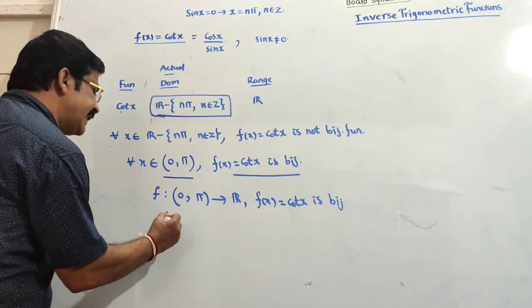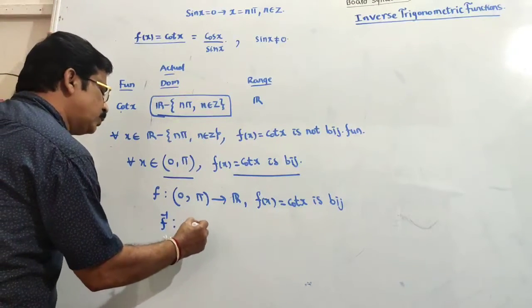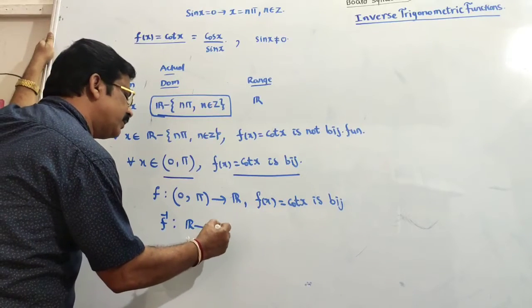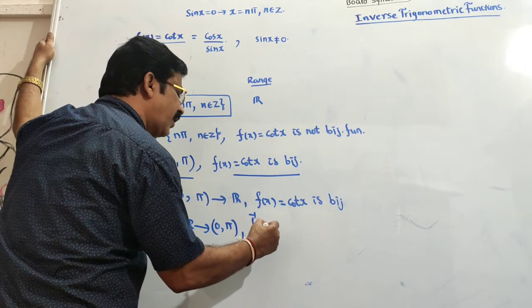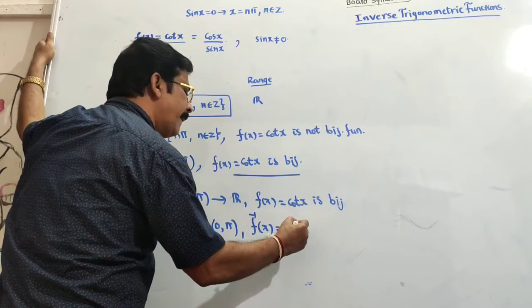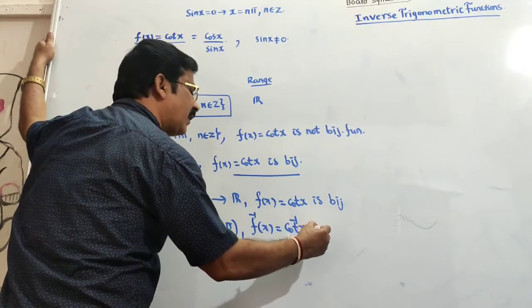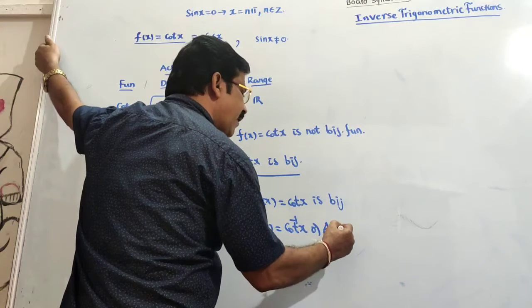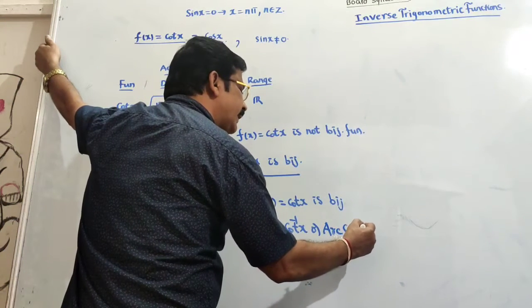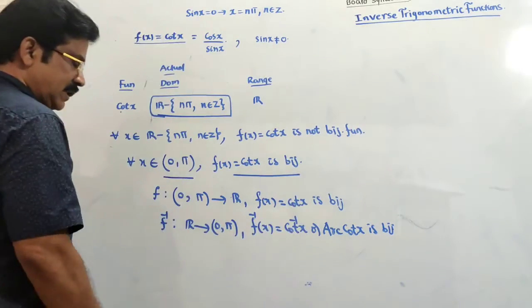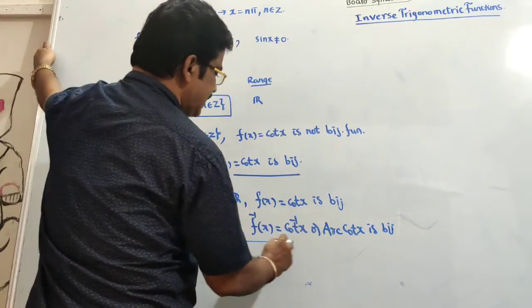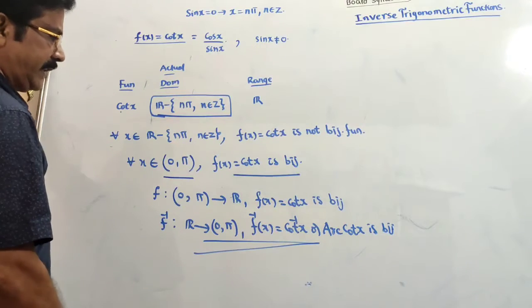Its inverse is from capital R to the open interval of 0 to pi, defined as f inverse of x equal to cot inverse of x, or arc cot x, which is also bijective. This is the simple definition of cot inverse x.